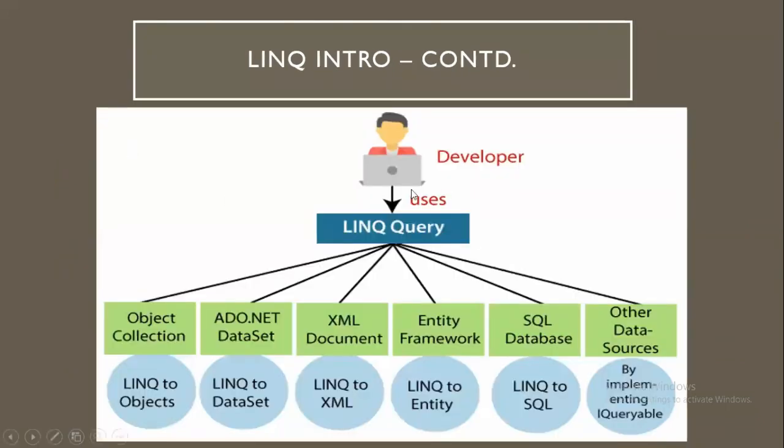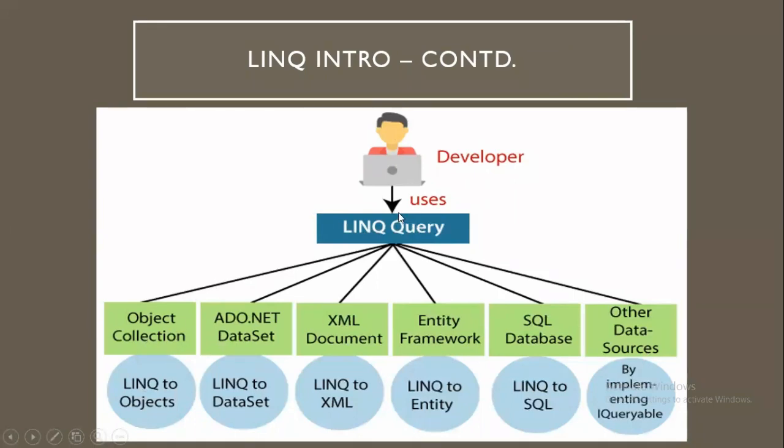Now this is how the diagram looks. A developer who understands the LINQ query would be able to work with object collections, ADO.NET datasets, XML documents, entity frameworks, SQL databases, and other data sources. If the developer understands the LINQ query, he will be able to work with LINQ to Objects, but there will be a middleware object collection.